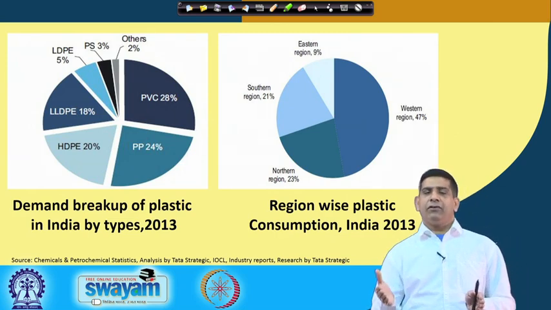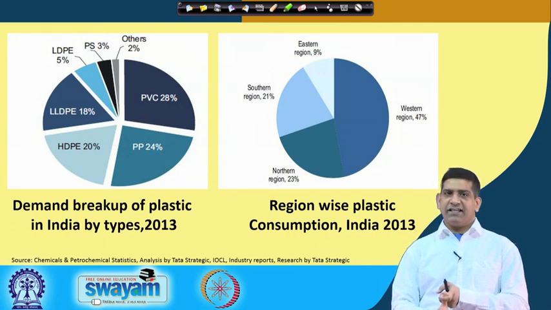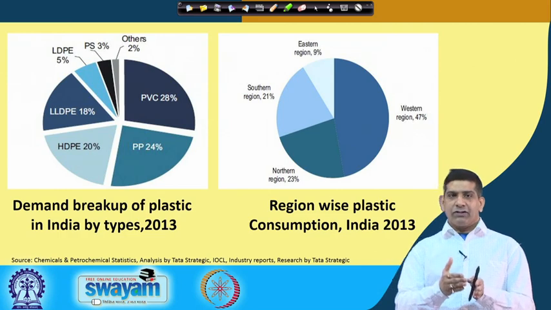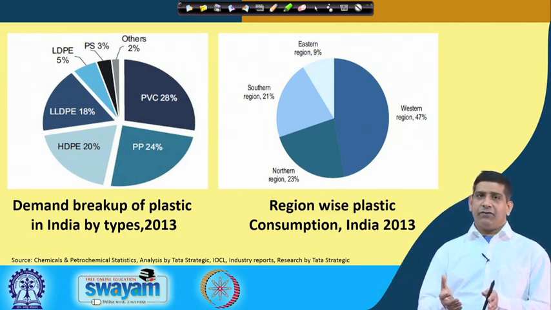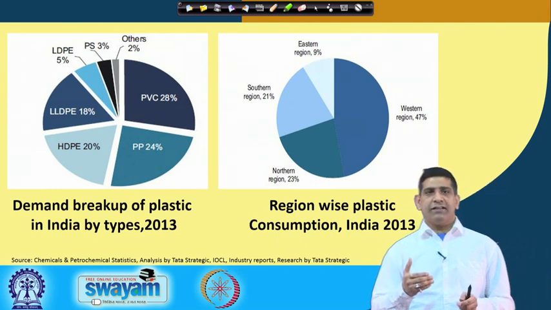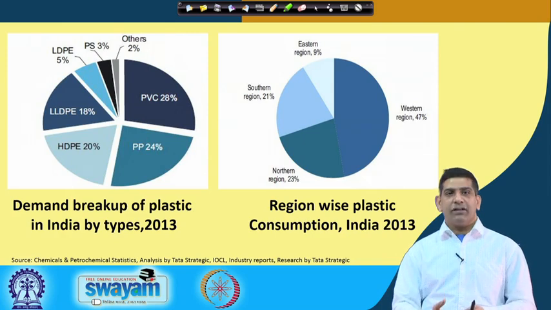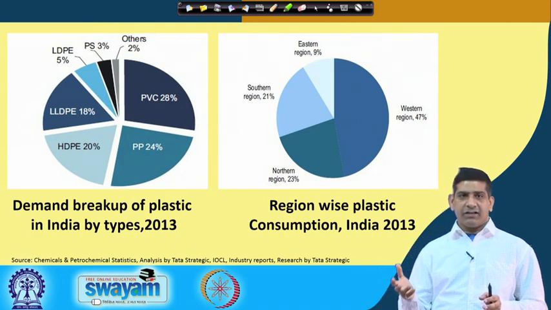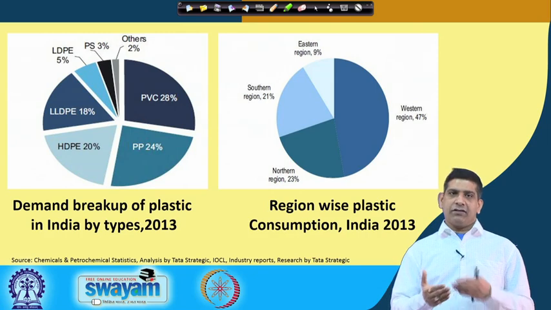Then we moved on to the different usages of plastic, where plastic is being used, and what type of plastic is used in what kind of applications. Then we also looked at facts and figures: the different types of plastic that are made, in relatively how much quantity, in which industries these different types of plastics are used, what the global figure is for plastic production as well as usage, and what the Indian figure is for plastic usage.